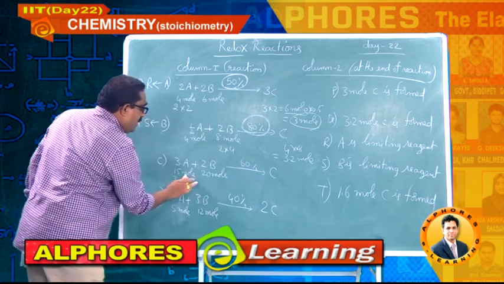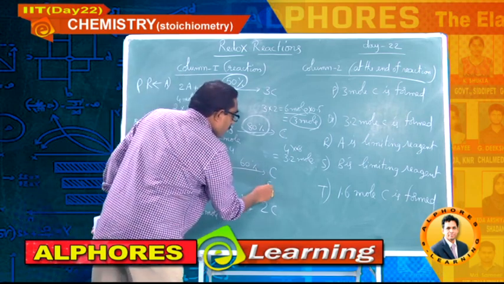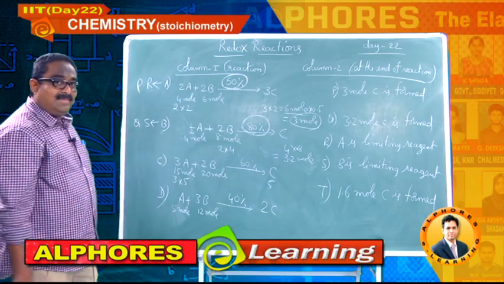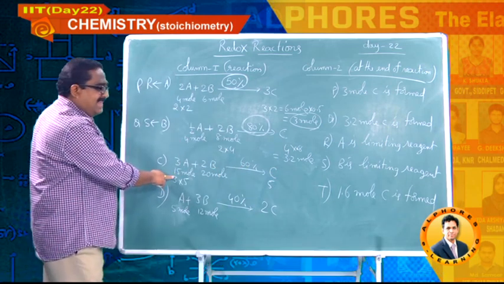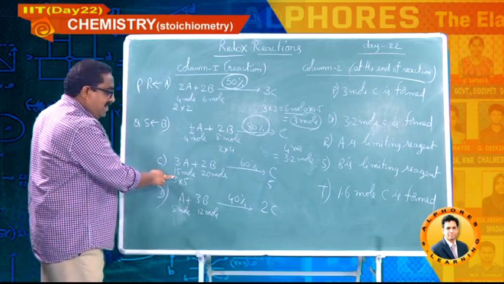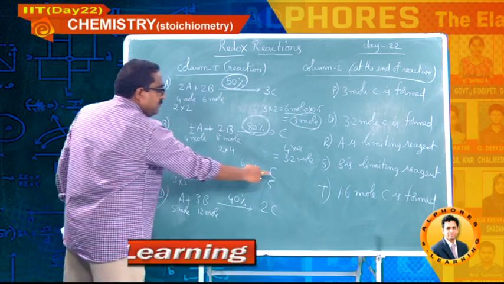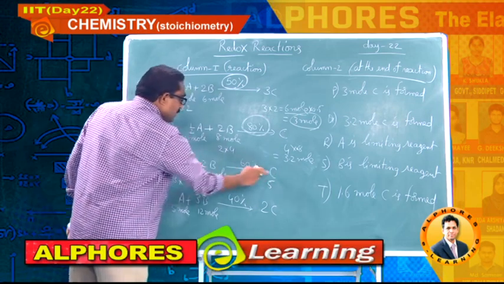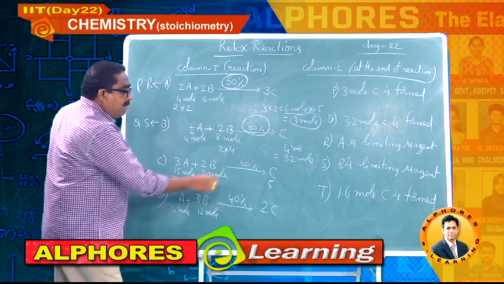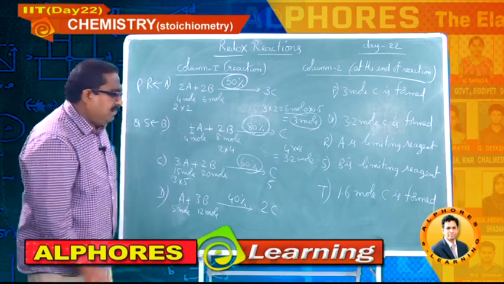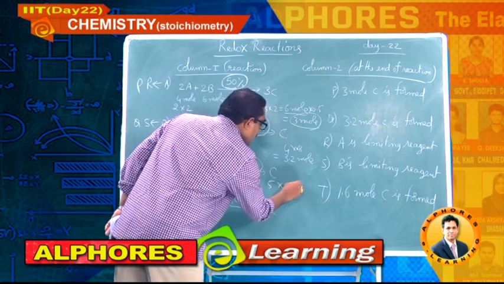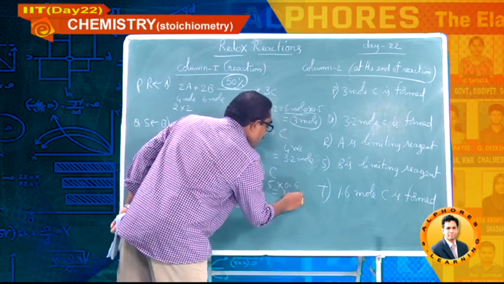So, 3 into 5 mole gives 5 mole here. 3:1, because I have fixed this as limiting reagent, and 3 into 5 gives 5, because mole ratio is 3:1, but he has mentioned the percentage yield is only 60%, out of 60% only you will get. So, you will get here 3 moles.